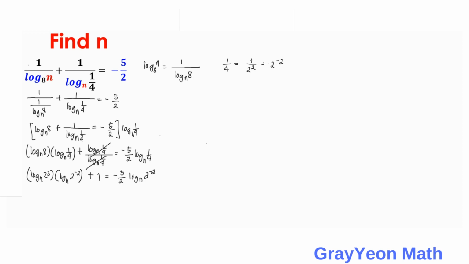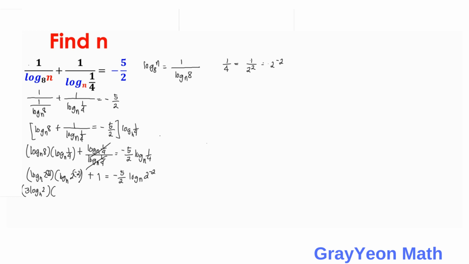So going back, we can put the exponent 3 on the left of the logarithm: 3 times the logarithm of 2 to the base n, times the logarithm with negative 2.